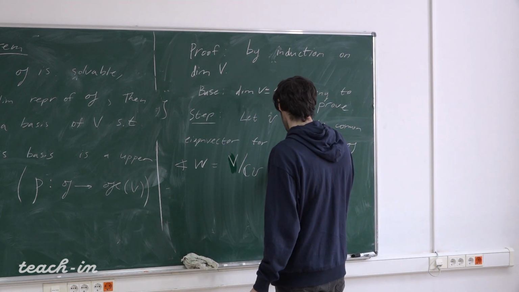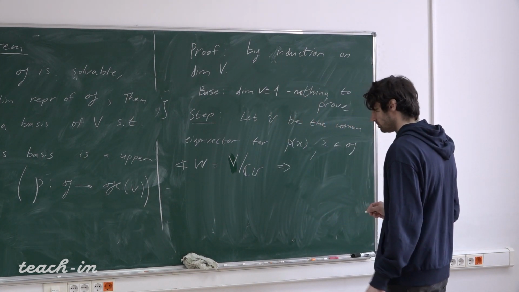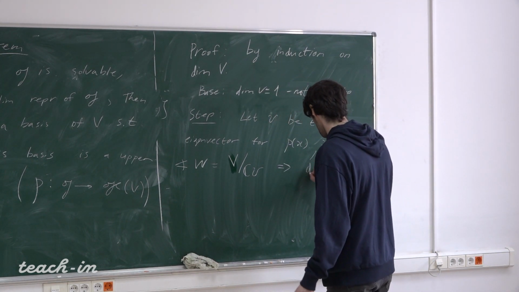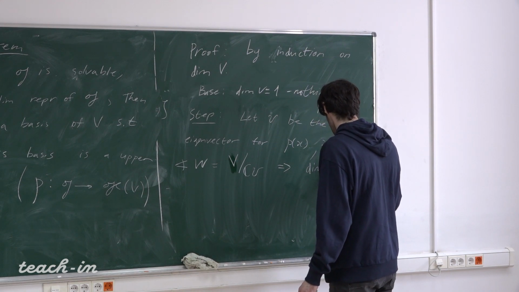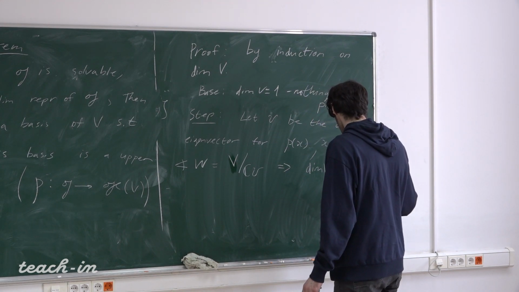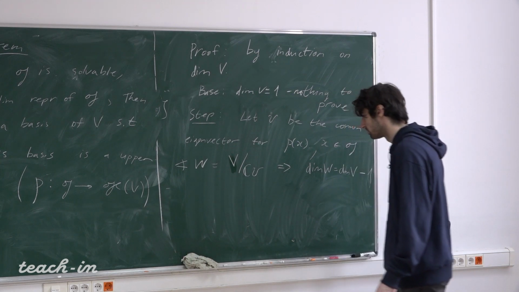Then the dimension of W is the dimension of V minus 1, right?